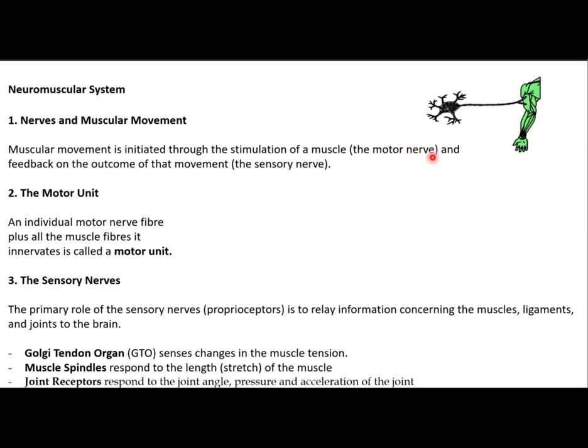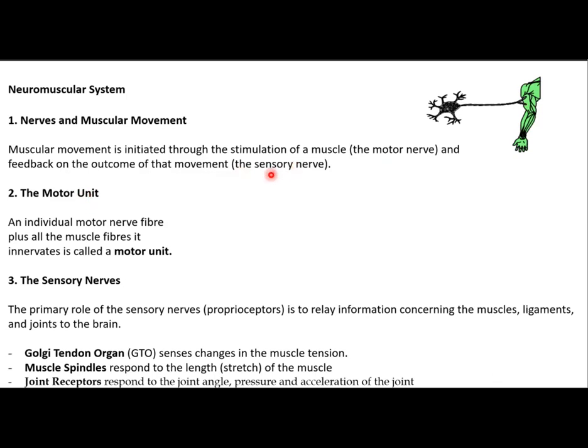Then there will be a feedback, because it's connected to your brain, on the outcome of that movement. So you have two things connected to your muscle: a nerve, which is the motor nerve, connected to your motor unit, and we will talk about the motor unit in a minute, okay?